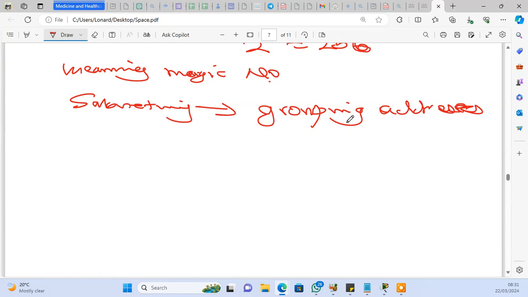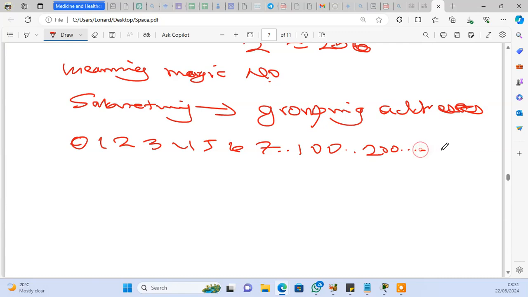The IP addresses range from 0, 1, 2, 3, 4, 5, 6, 7, 100, 200, then 255. So when you're grouping, you are going to count addresses without skipping.